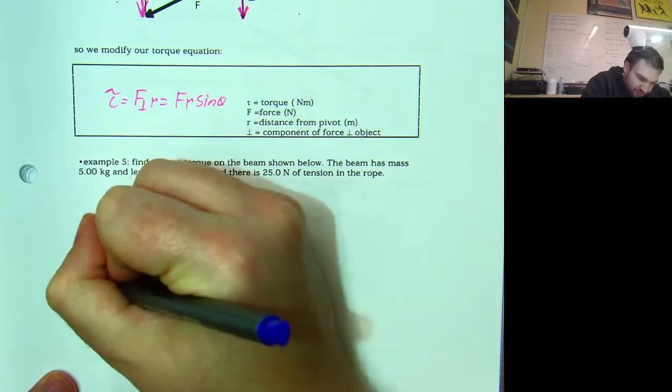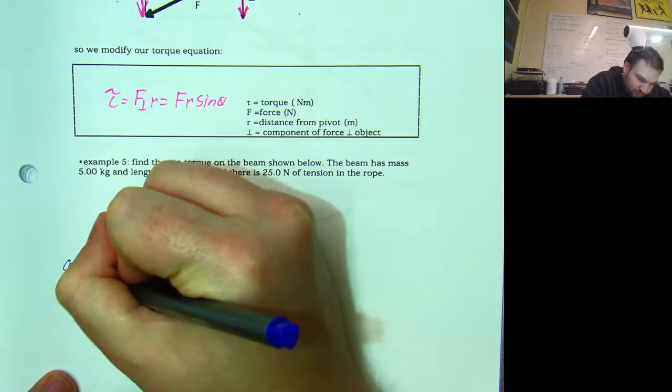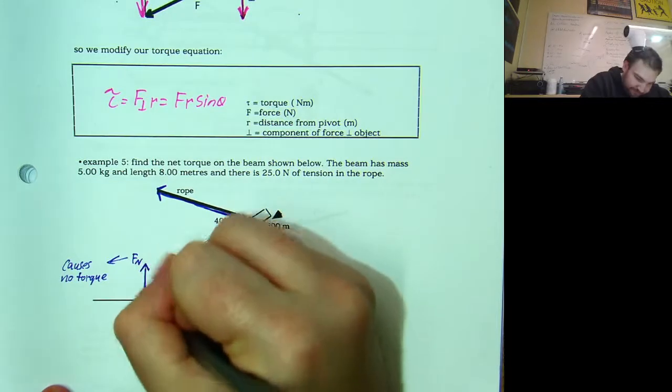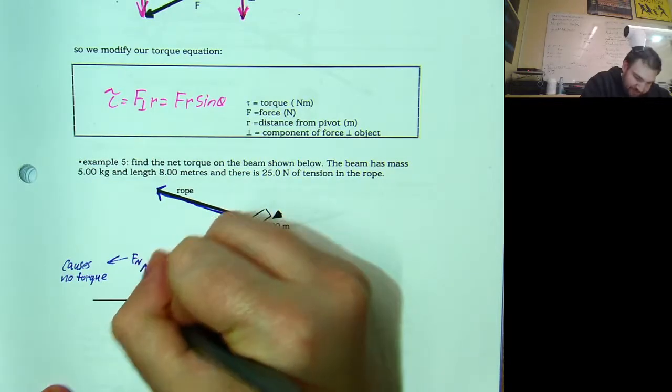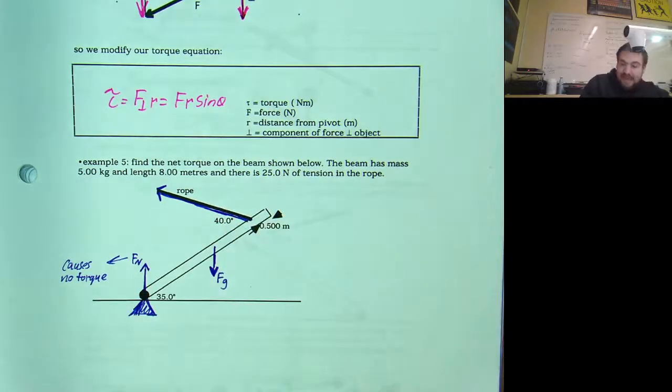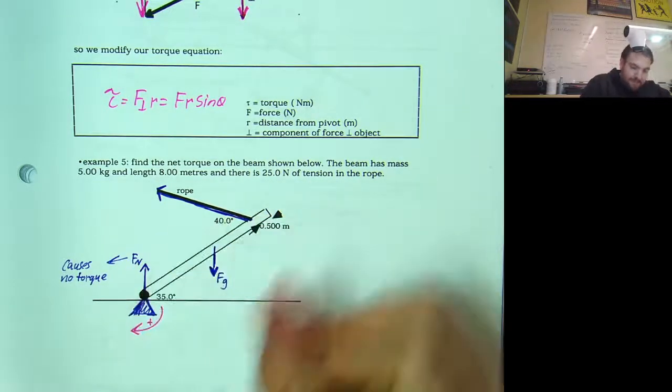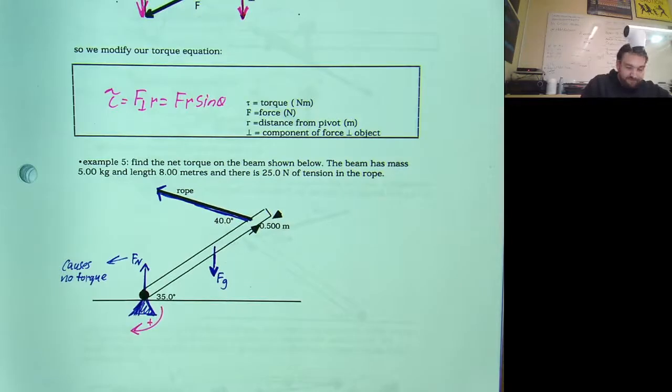It causes no torque, because it's acting at the pivot. This is our pivot point. Sometimes it's helpful just to draw that in more explicitly. And I'm going to say that this direction here, clockwise, is positive. So those are the forces that are acting.